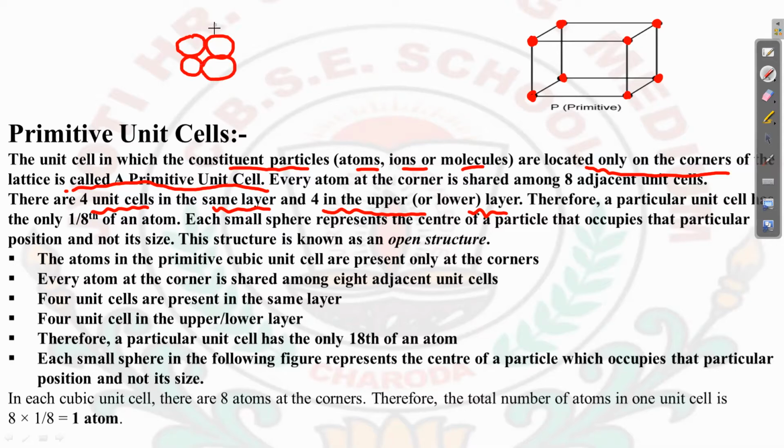Similarly, at the back of it, 4 more will be there. I have messed it up, but you can easily understand it in the next slide. I will show you how 1 by 8th of a single atom is used here.